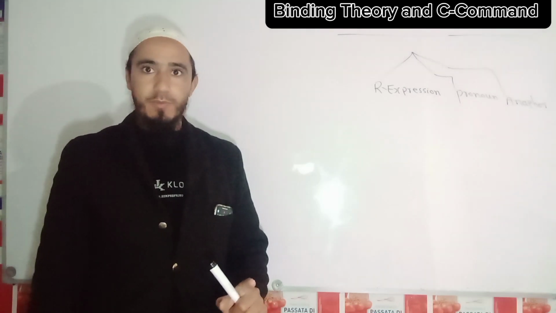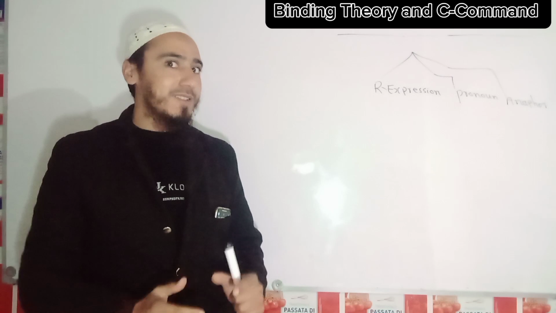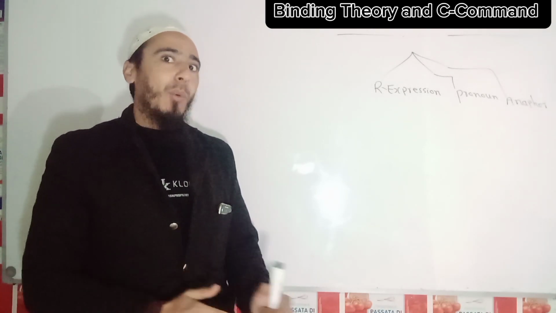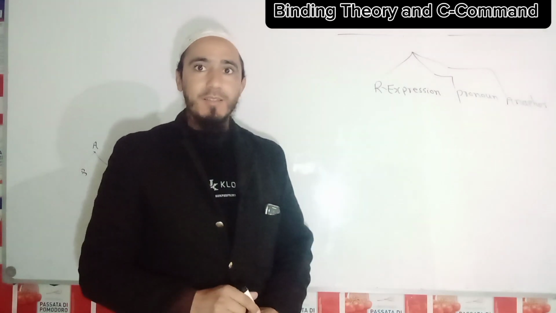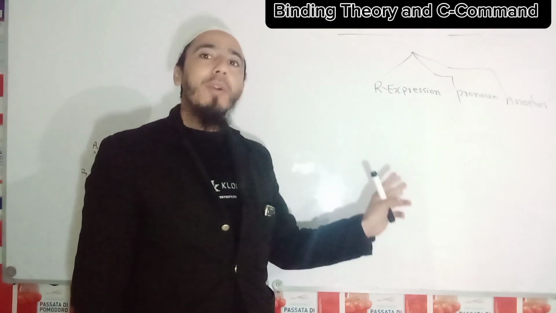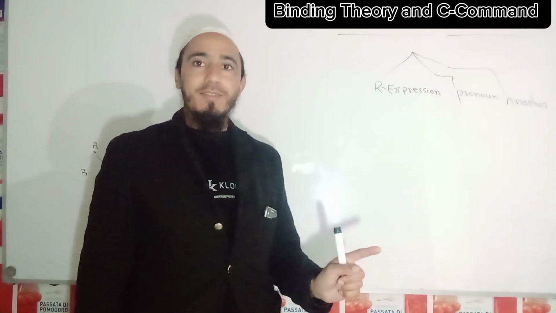Listeners and audience, further, I told you about the antecedent. What is an antecedent? An antecedent is actually a noun phrase which refers to someone in a sentence. For example, an anaphor is actually referring to an antecedent in the sentence.